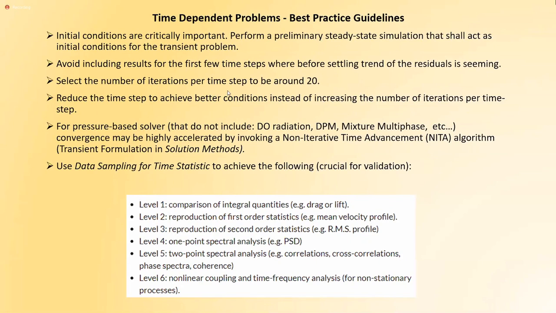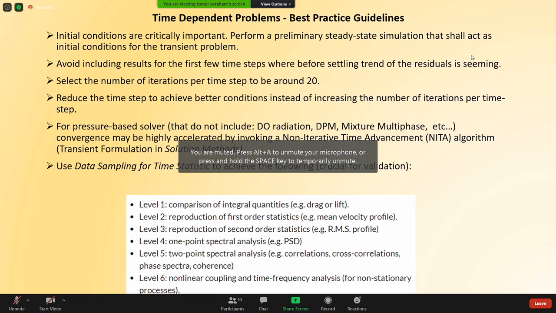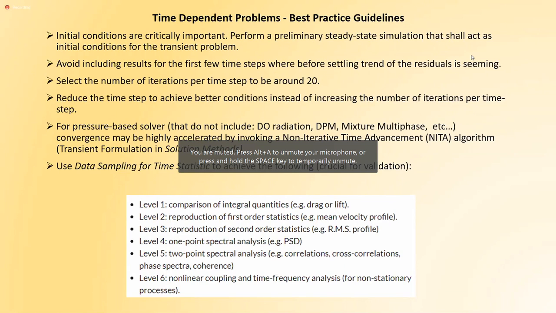Okay, the number of iterations. Usually, you'd prefer not to make too many iterations inside a time step. You'd rather lower the time step. Understood? Here it says 20.